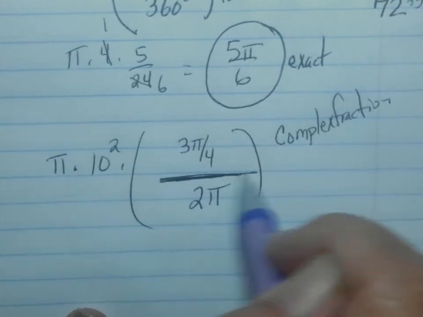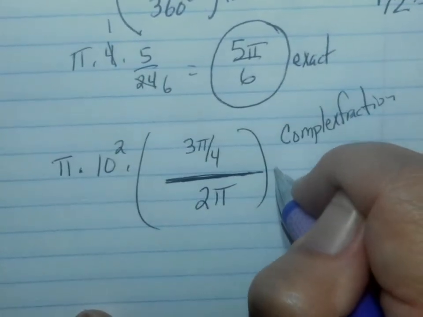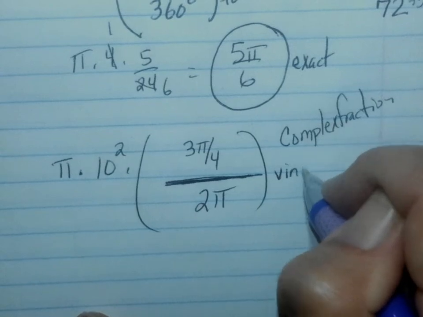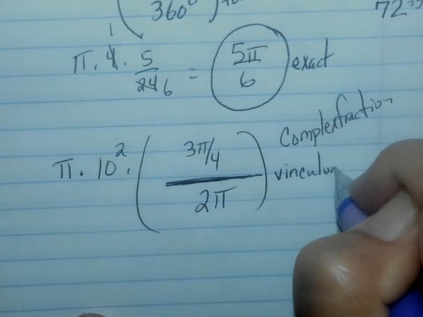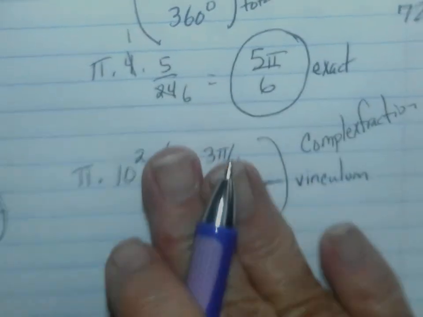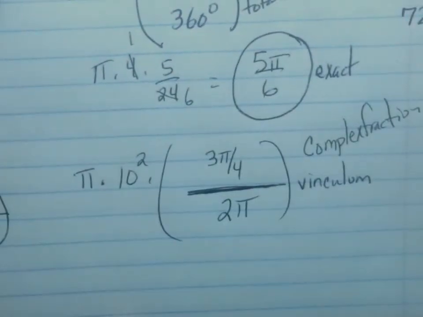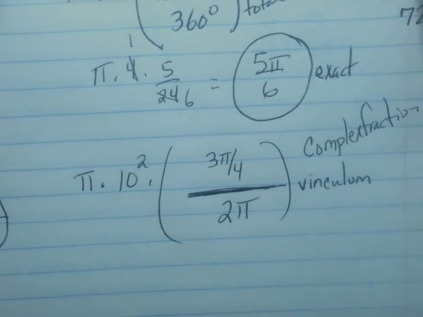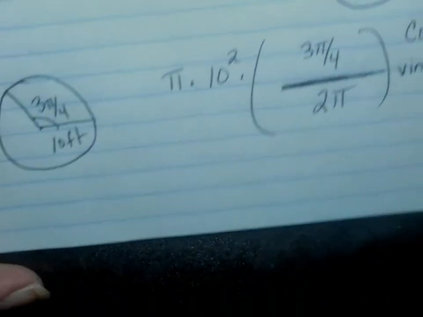A fraction bar, another cool vocabulary word for you, is called a vinculum, a Latin word. And to be able to simplify this fraction, you just have to understand what division actually means. So let's just go back to basics.